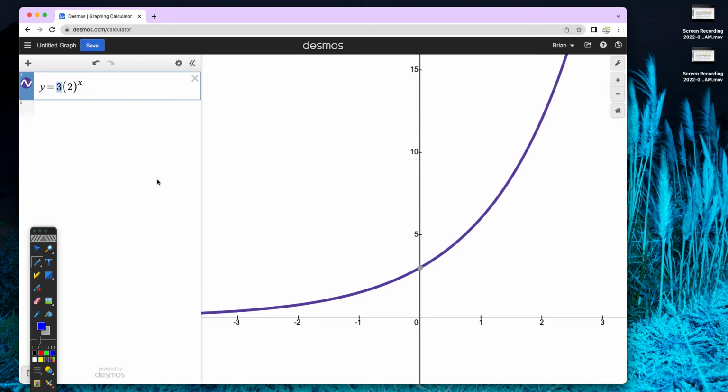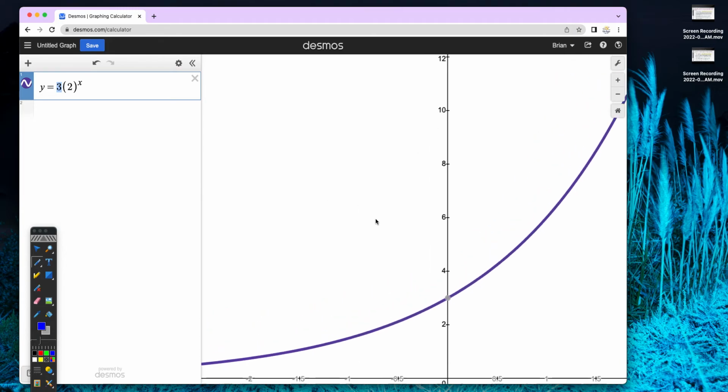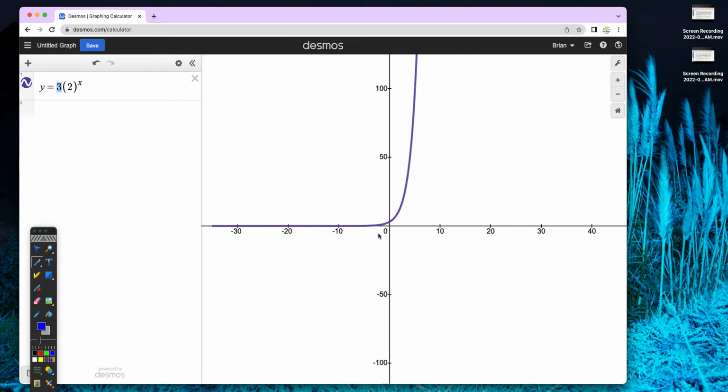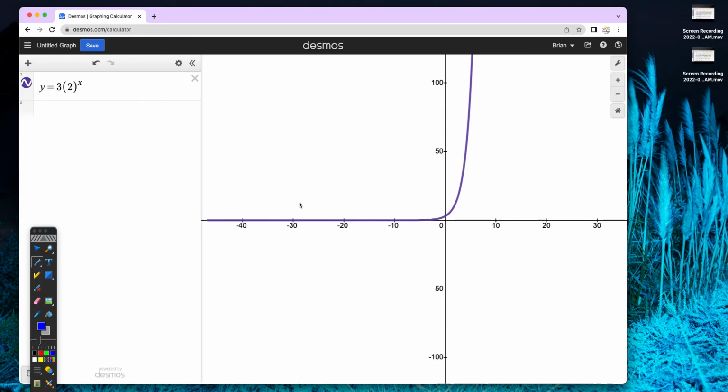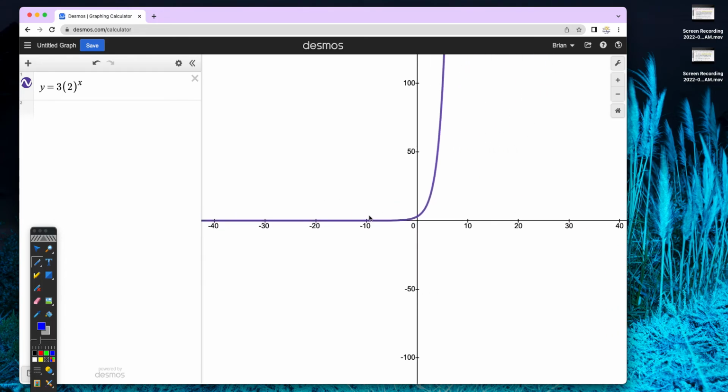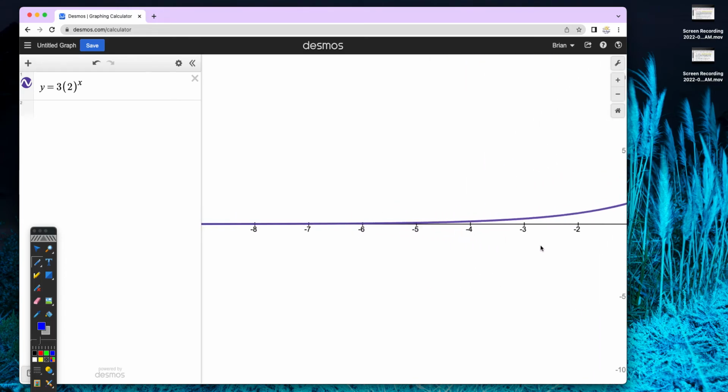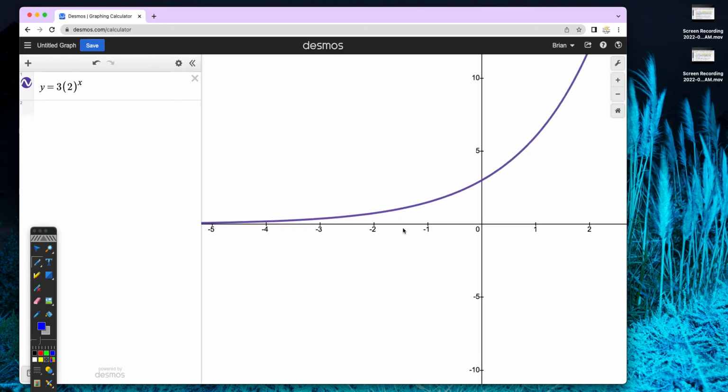Okay? Second of all, does it have any x-intercepts? And the answer is actually no. Although it gets infinitesimally close, or very, very close to 0, it will never actually touch 0. And so the line y equals 0 in this curve is known as a horizontal asymptote, okay?